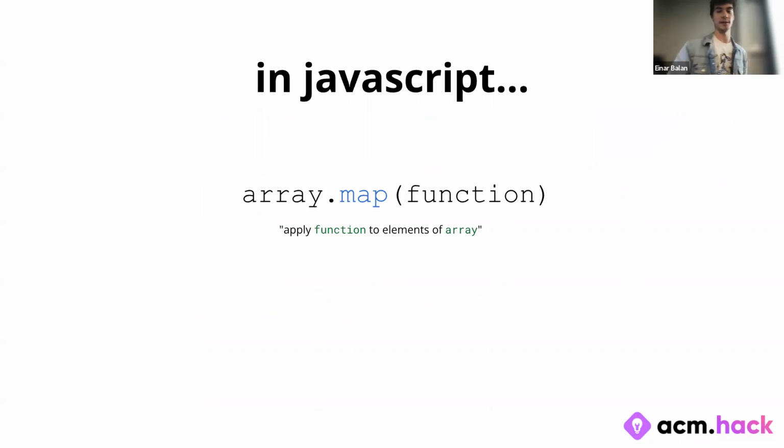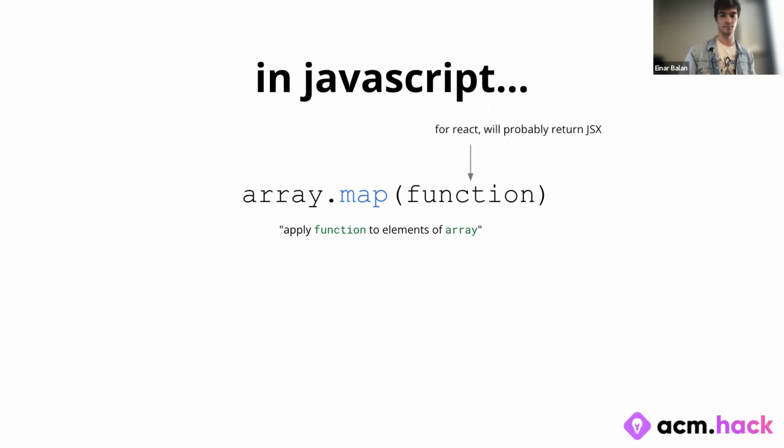So the way we do it in the context of JavaScript is we call the map function on some array. So that array could be like our cartoon characters array. And then we pass in the function that we want to apply to the elements of the array. So in English, what this is saying is we want to apply the function to elements of the array and get a copy of the array with that function being applied.